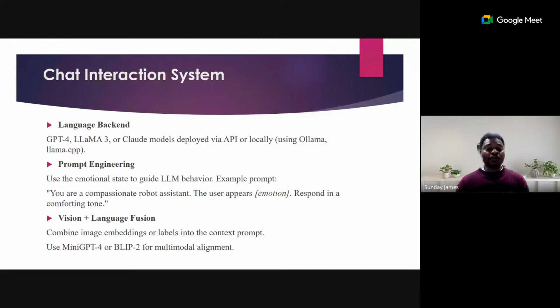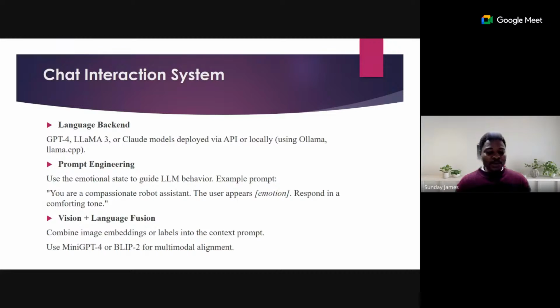Let's say, for example, you are conversing with the robot and you are not very happy at the moment. The model picks your facial expressions and feeds them into our model to make predictions, and sends them to a large language model that will respond intelligently and keep a good conversation with you.